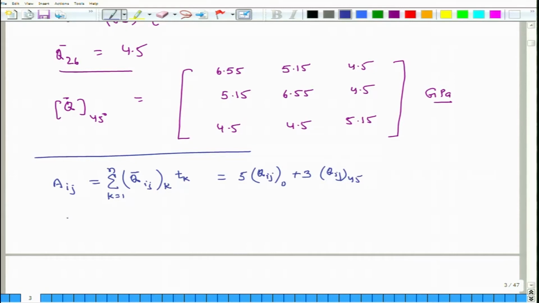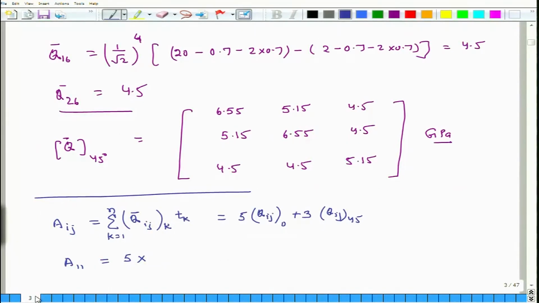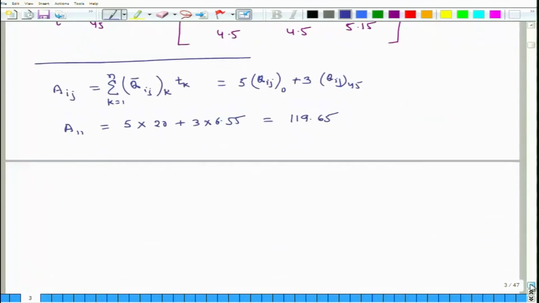So, for instance, A11 will be 5 times Q11, which is 20, plus 3 times Q11 bar, 6.55. If you do all the computation, it comes to 119.65. Likewise, you can calculate all the elements of the A matrix.